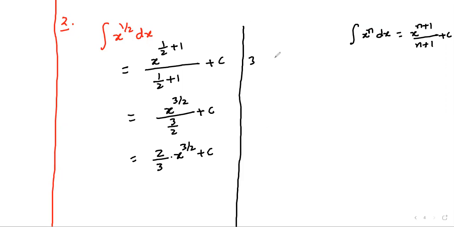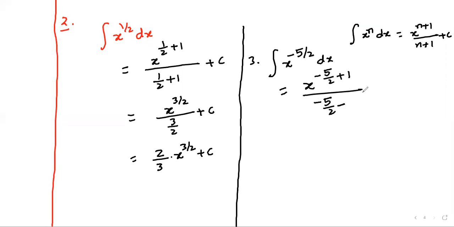Another example, integral x power minus 5 by 2 dx. That is x power minus 5 by 2 plus 1 upon minus 5 by 2 plus 1. Instead of n, we have minus 5 by 2. Simply I am applying the same formula, x power n plus 1 by n plus 1 plus c.